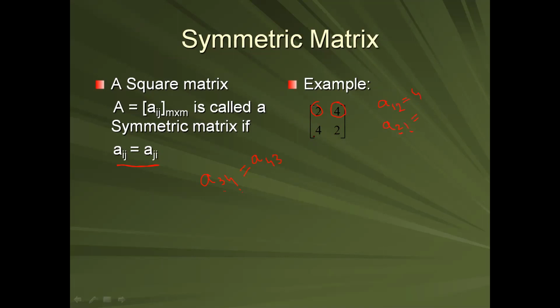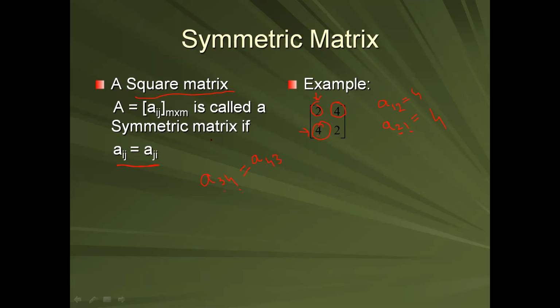Second row, first column. It is 4. Okay. So if Aij is equal to Aji, then it is a symmetric matrix. And this is the keyword: it has to be a square matrix. A square matrix is called a symmetric matrix if Aij is equal to Aji.